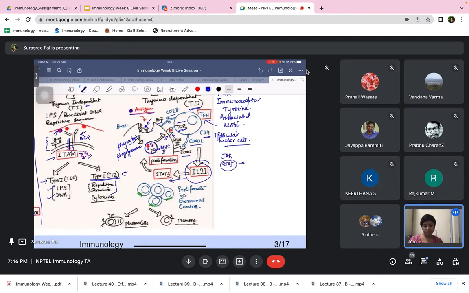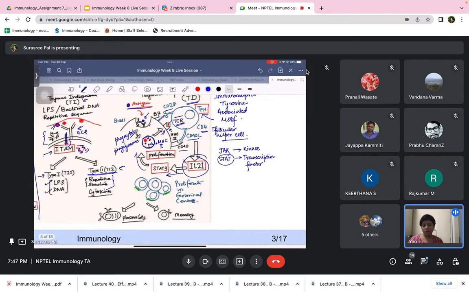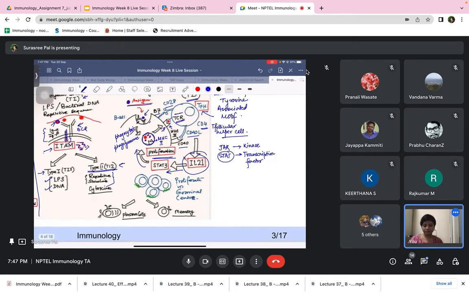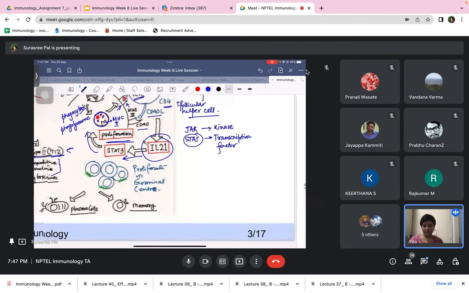STAT is a transcription factor, and JAK is a kinase, right? So because of this expression of IL-21, it induces JAK-STAT signaling, and it actually induces the expression of STAT3, and this signaling will now help the B cell to proliferate, right? So what is the event taking place?